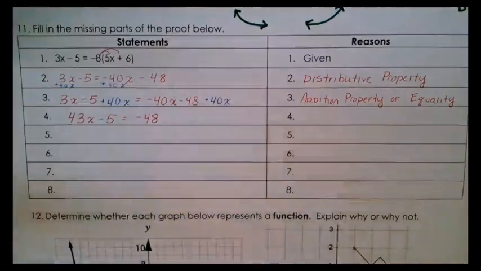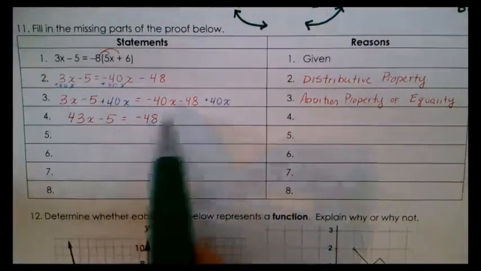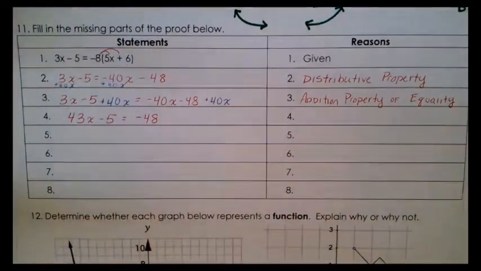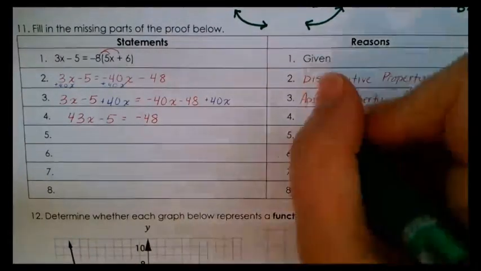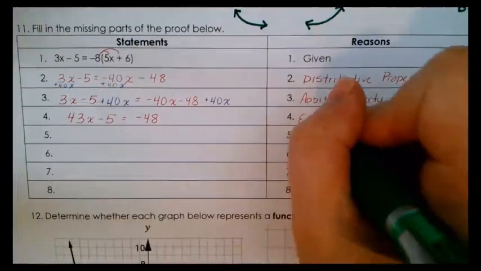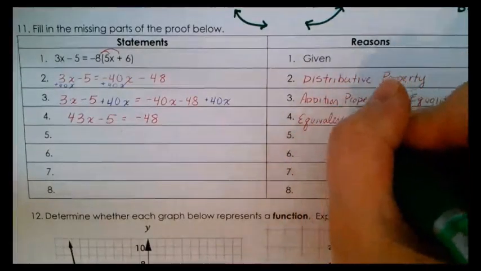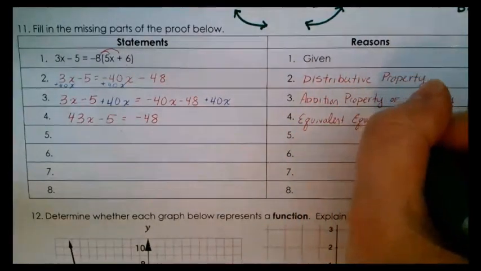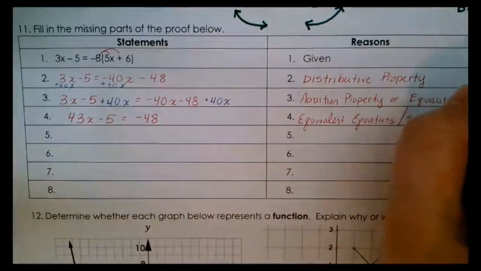I added the 40x. In step 4, after I actually did the addition, all I really did was simplify. So sometimes you'll see this as equivalent equations, or maybe it'll just say simplify.